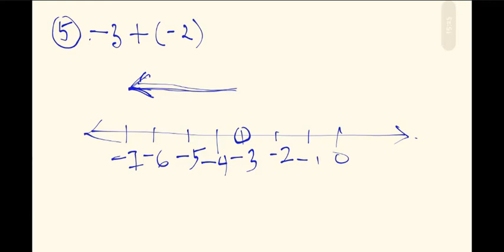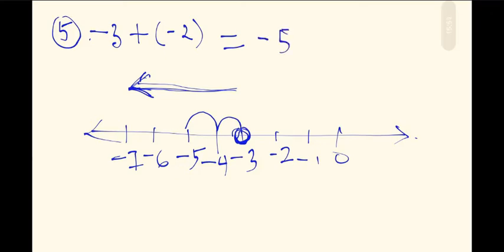So we do the counting. 1, 2. Yes, so -3 plus -2 gives us -5.